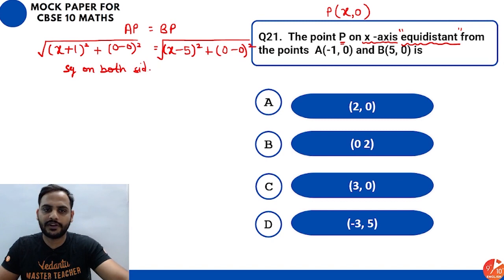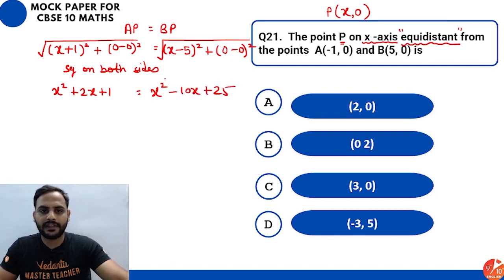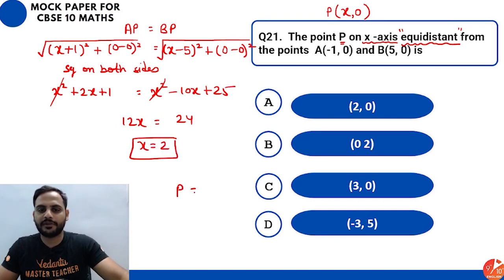X plus 1 whole square is x square plus 2x plus 1, equal to x minus 5 whole square, which is x square minus 10x plus 25. X square gets cancelled, minus 10x shifts over here, and 1 shifts over there. You'll get 12x is equal to 24, and x is equal to 2. So the coordinates of point P will be 2 comma 0.